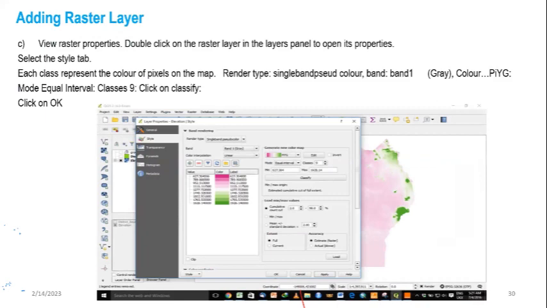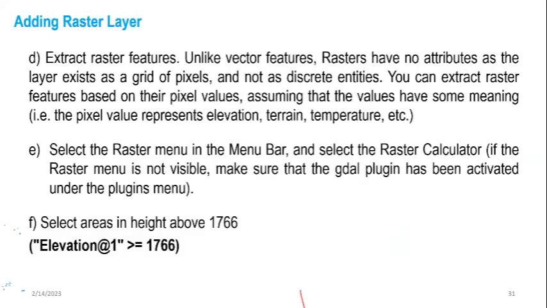You can classify your images and then produce maps that you can work with, and run calculations on your raster so that you're able to identify maybe areas with high productivity, areas with low productivity, areas that are receiving more rainfall, depending on the data sets that you're working with.